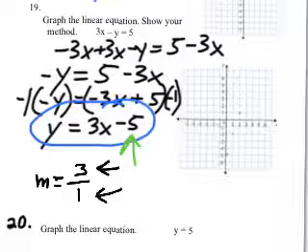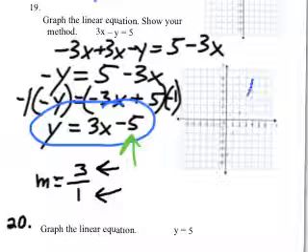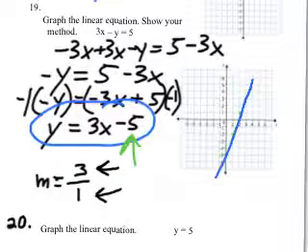And they're both positive. So we go up 3, 1, 2, 3, and we go over 1. Well, luckily we already have a point there, so we'll just draw our line. That's the best I can do on this funky stylus. Anyway, so there's our answer.